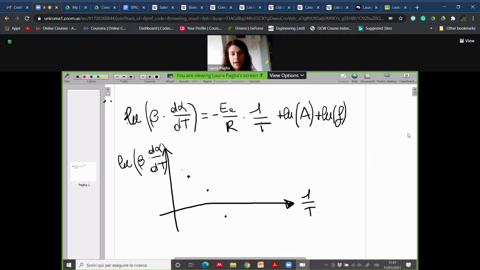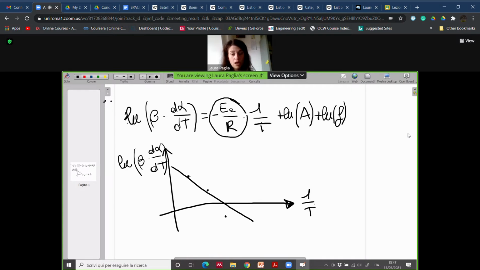Thanks to these values, I can have a straight line. The angular coefficient of this straight line is this value here.